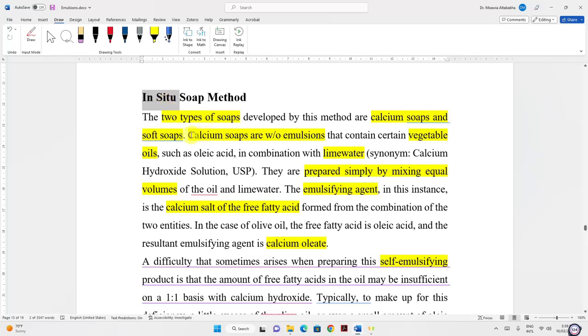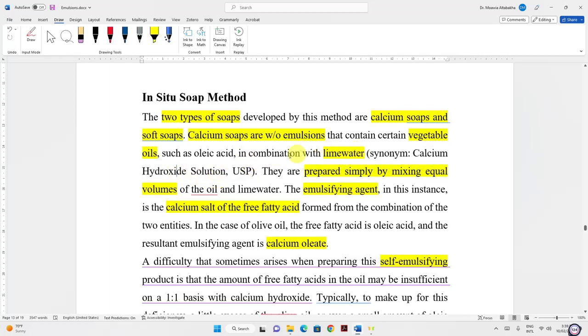طيب, now I will talk about calcium soaps. This can be prepared by using vegetable oil such as oleic acid and lime water. You remember lime water? It's calcium hydroxide solution. Do you remember this calcium hydroxide solution, USP? This is a saturated solution of calcium hydroxide.